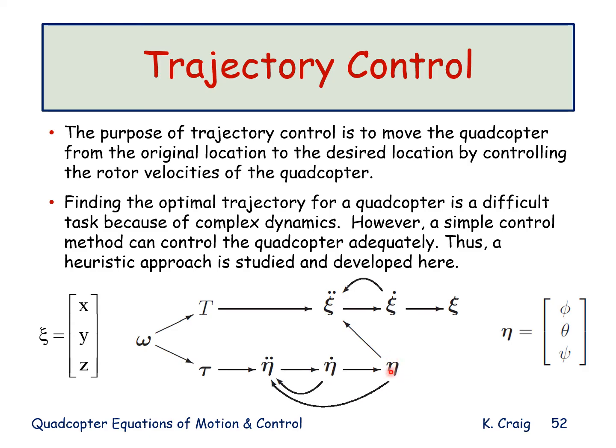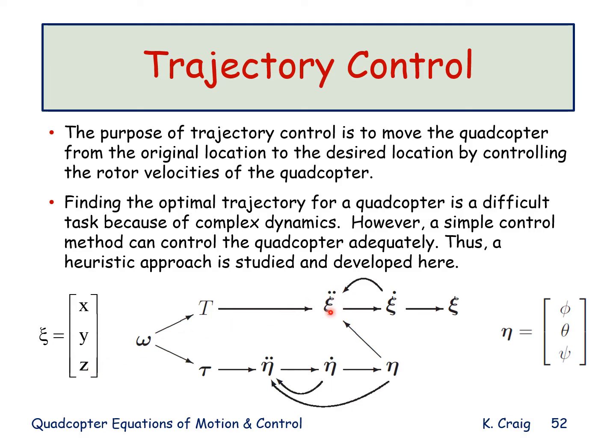These angles are then determined, along with the thrust, the translational linear accelerations, zeta double dot, or x double dot, y double dot, z double dot.